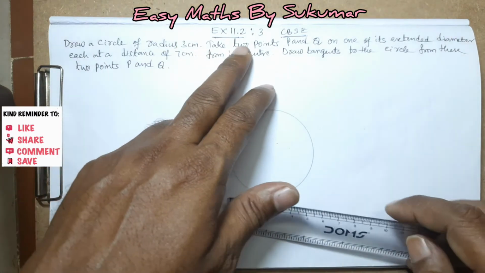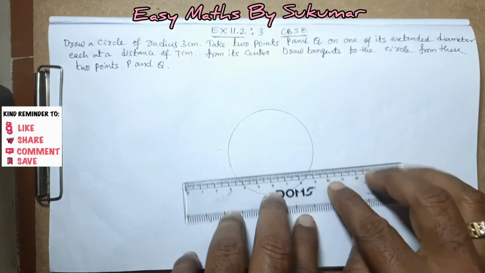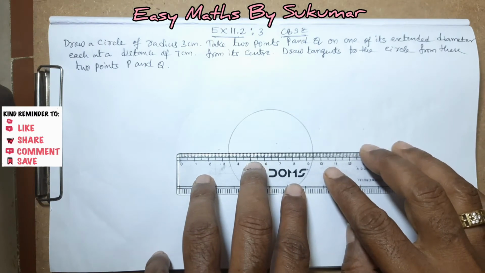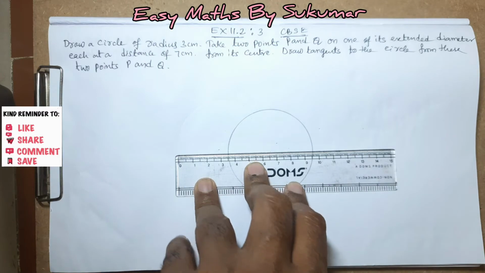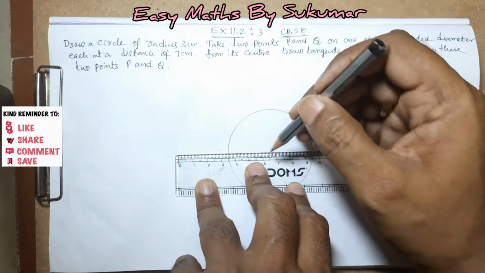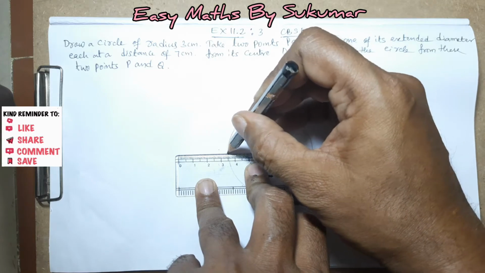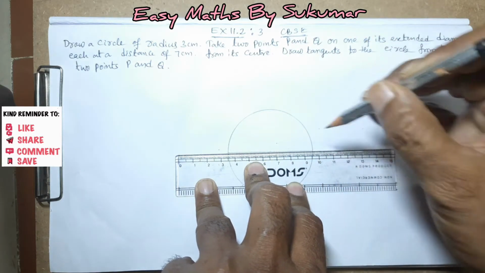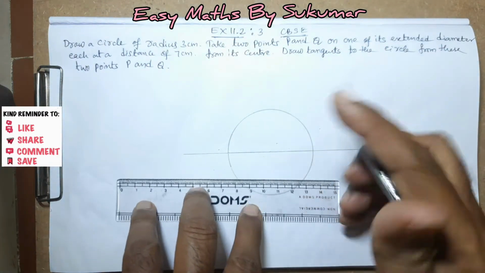Now take 2 points P and Q on one of its extended diameters. So this is the diameter, and this is the center of the circle. This is the diameter actually. Now we produce the diameter.